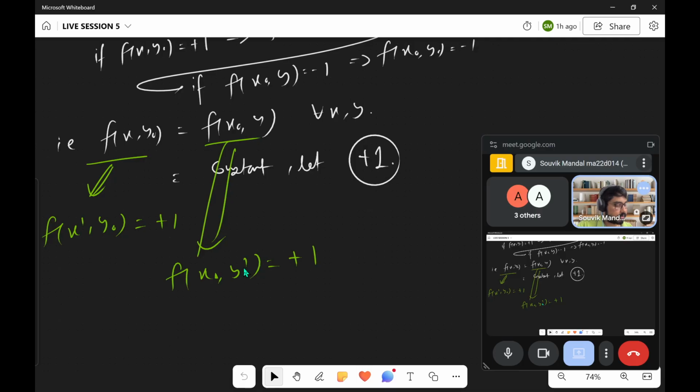Hold a moment, so both are plus 1. We need to show that f of x prime comma y prime, this is the constant function. That's what we need to show.